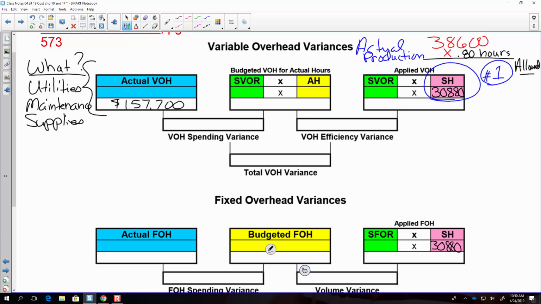We could have janitor wages, right? Maintenance wages. We could possibly have all our variable payroll taxes here. Workers' comp.